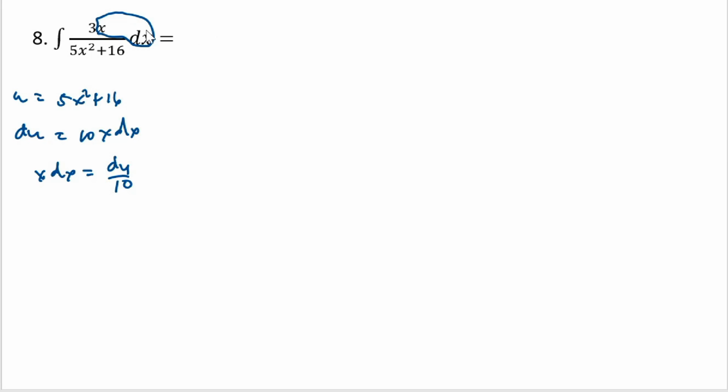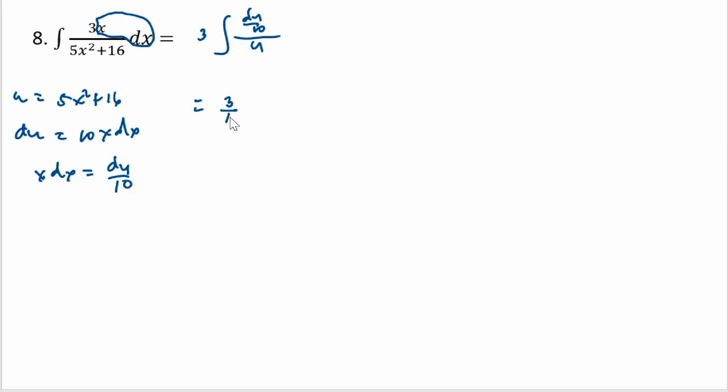So by substitution, I will write first the 3 outside the integral sign. That's just a constant multiplier. So 3 times the integral of x dx, meaning du over 10, all over u. So therefore, we have 3 times the coefficient factor here, which is 1 over 10.